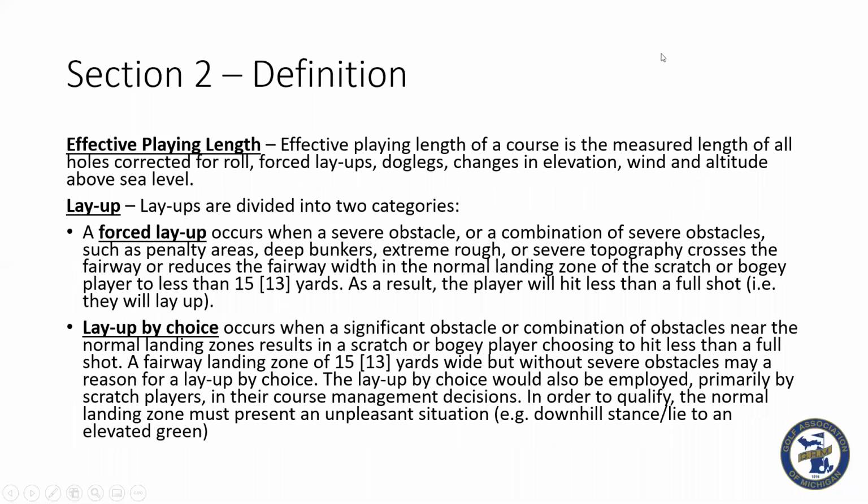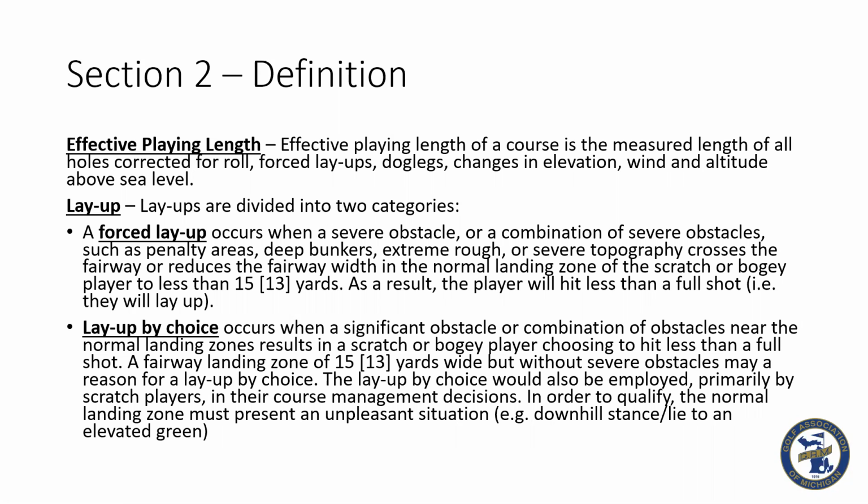All right. So just in summary, the other thing the layup by choice section says is that in order to qualify, the normal landing zone must present an unpleasant situation.